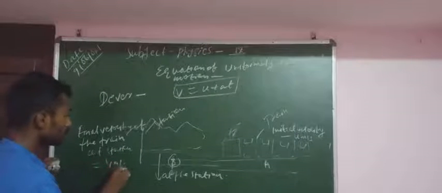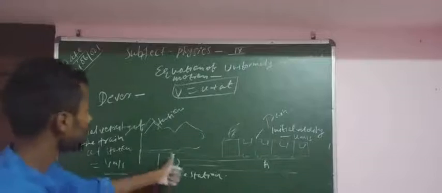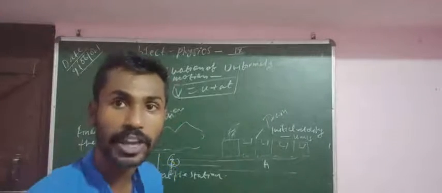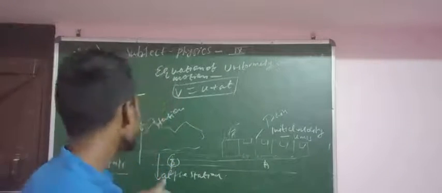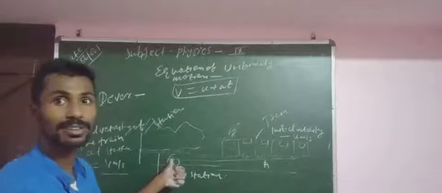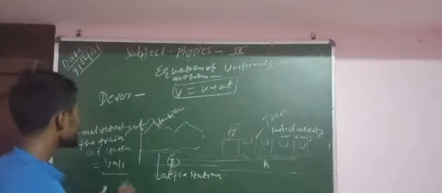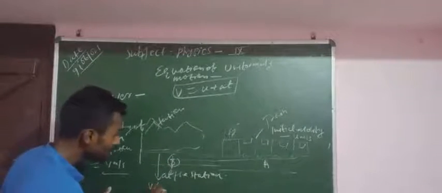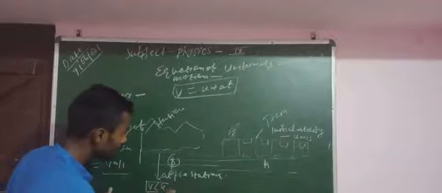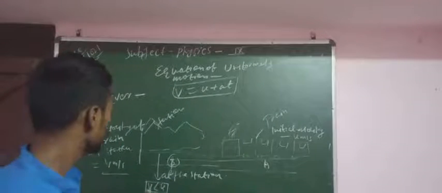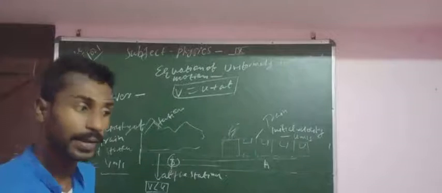That means v meter per second is the final velocity of the train when it is in the railway station. So in that case, u is greater than v.